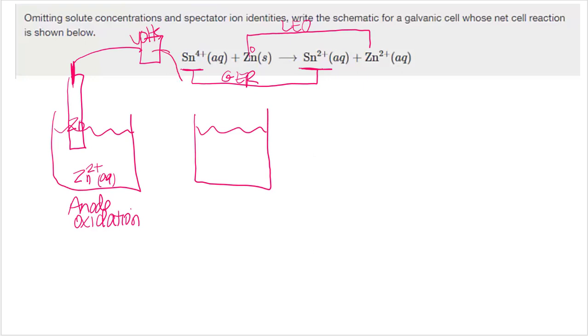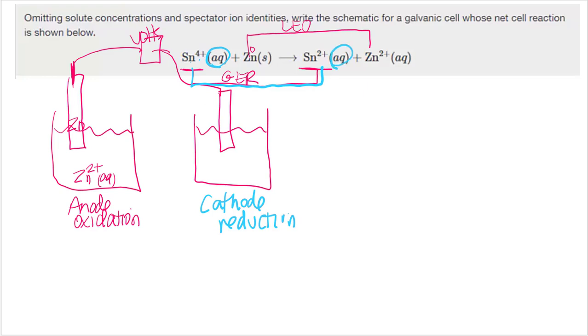And I'm going to continue my wire over here. I've got to have another electrode. Now notice that my other side, my cathode, where reduction is happening, we said my reduction is going from a tin 4+ aqueous to a tin 2+ aqueous.